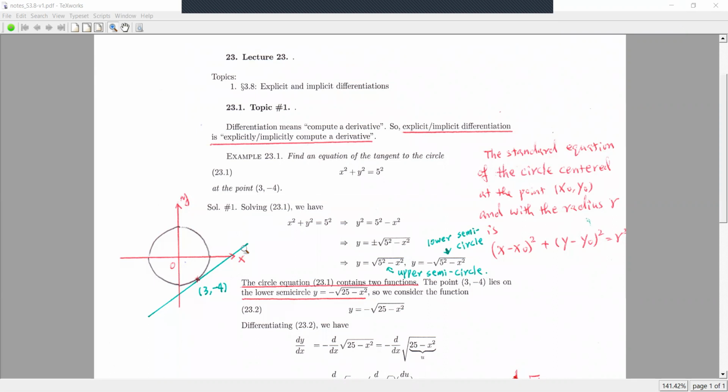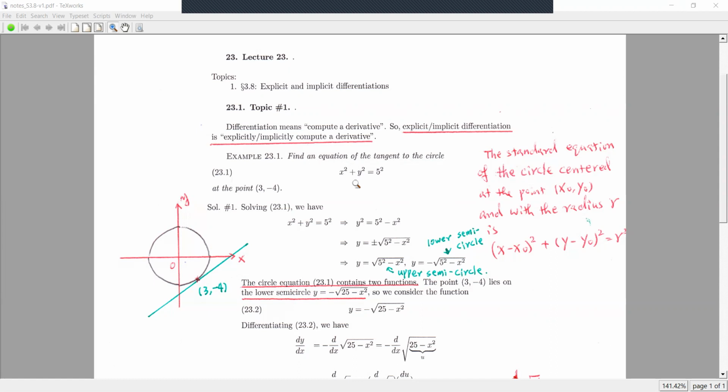To compute a derivative, we need to have a function. To have a function, we need to solve the given equation for the y variable because the y variable depends on x. Y is a function of x.